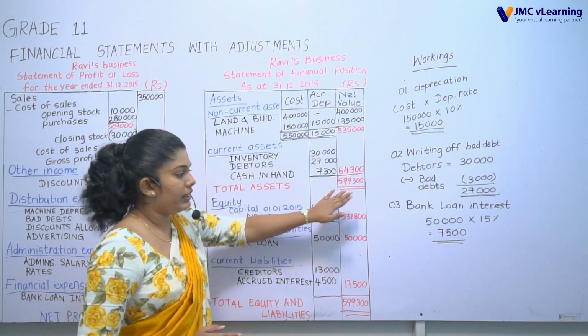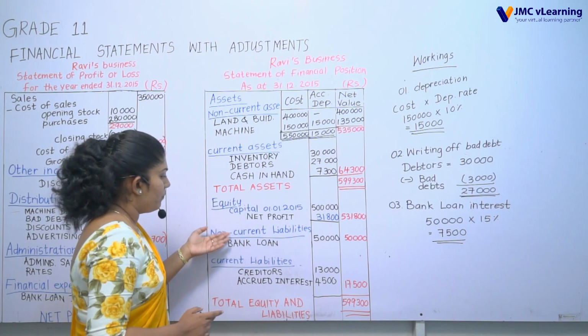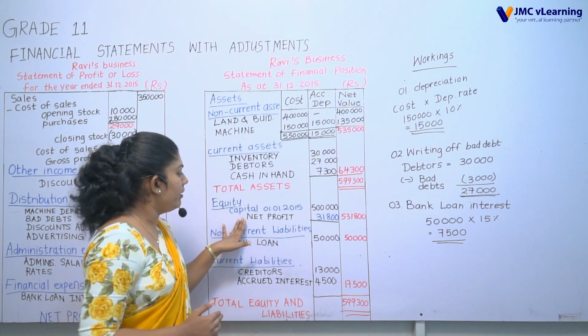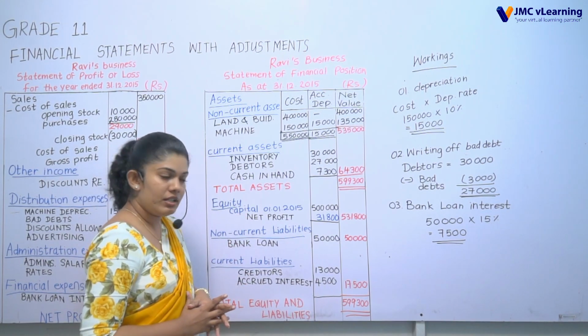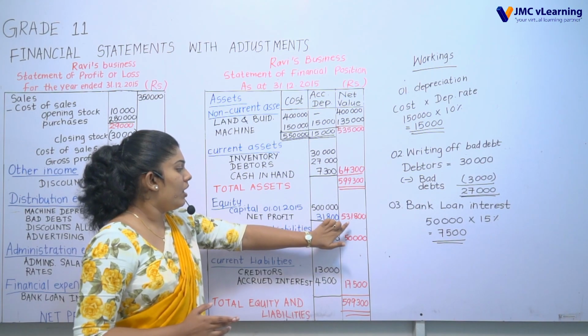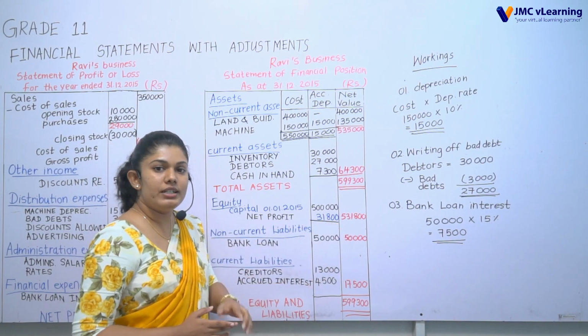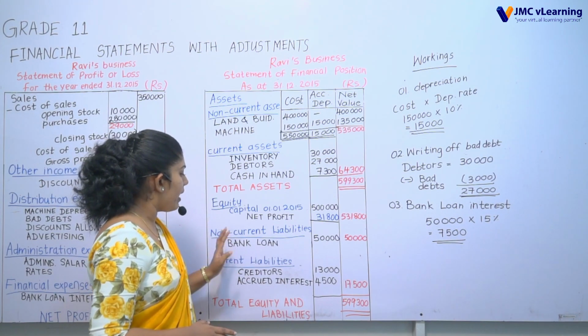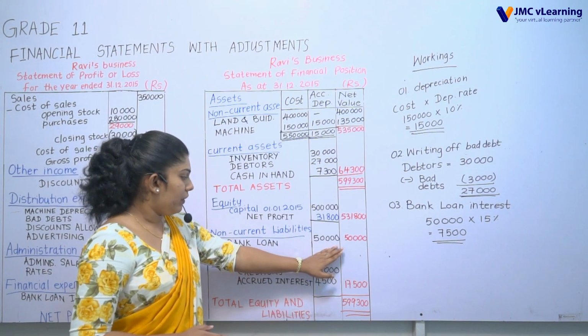Then equity, we have capital balance at the beginning of the year and our net profit. The net profit and the capital balance all together we have 531,800. Then non-current liabilities, we only have the bank loan of 50,000.